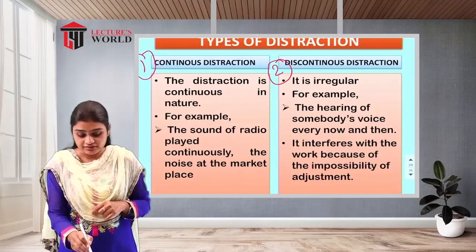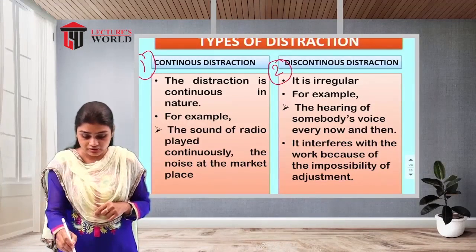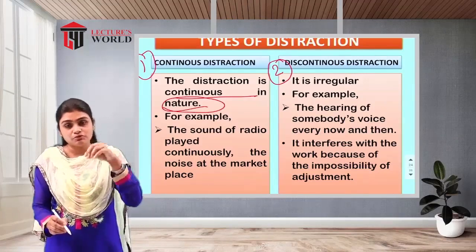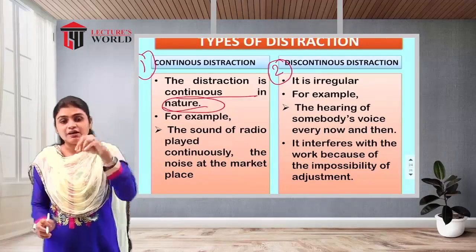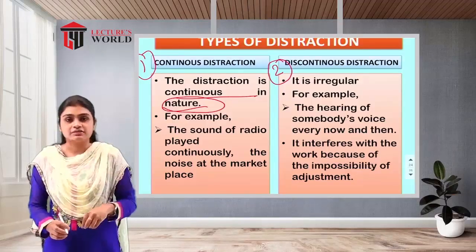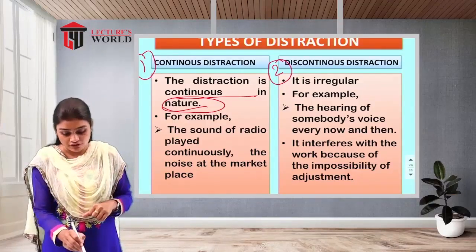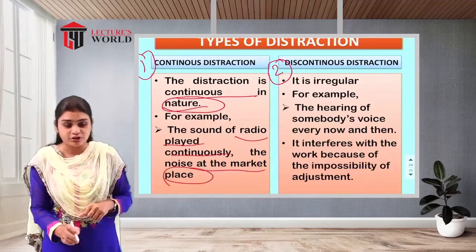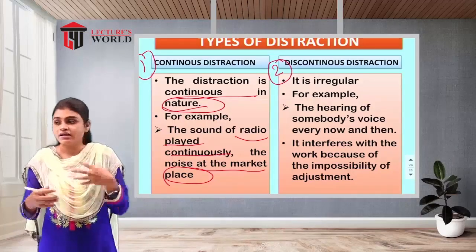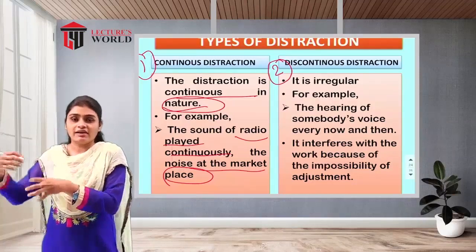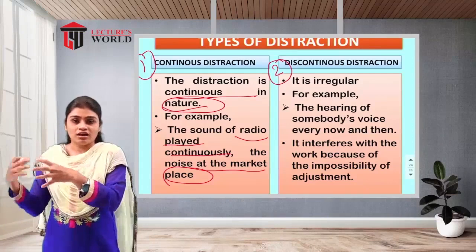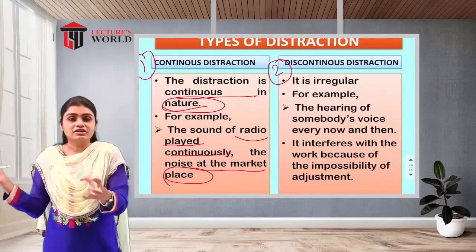It is continuous in nature, that means continuous music is there while I am reading something. The sound of a radio played continuously, the noise at the marketplace. For example, I am living in an area where there is a vegetable market nearby, so obviously there will be too much noise and disturbance, but that is continuous.